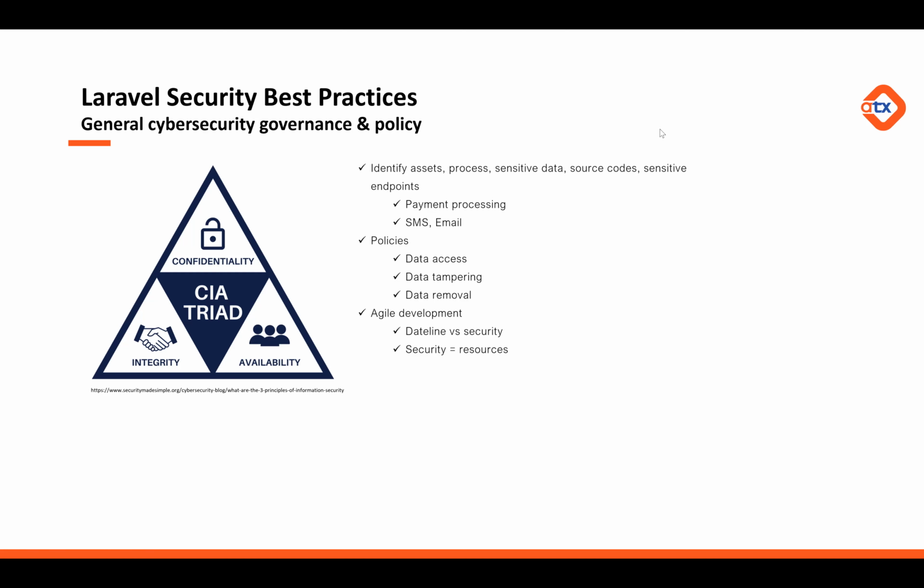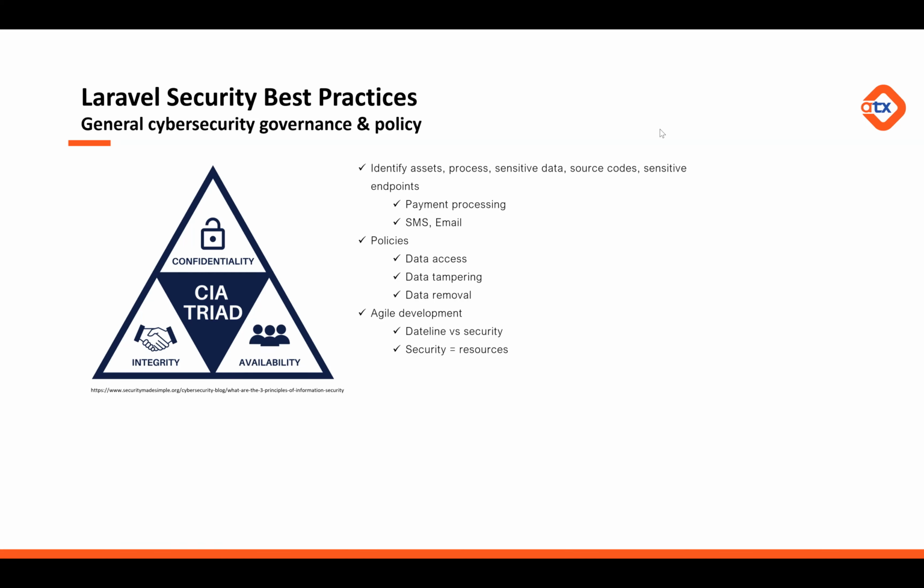In the policy we have to identify our assets, streamline the process, and identify sensitive data. Remember that our source code is also a valuable asset, and we have to identify sensitive endpoints.